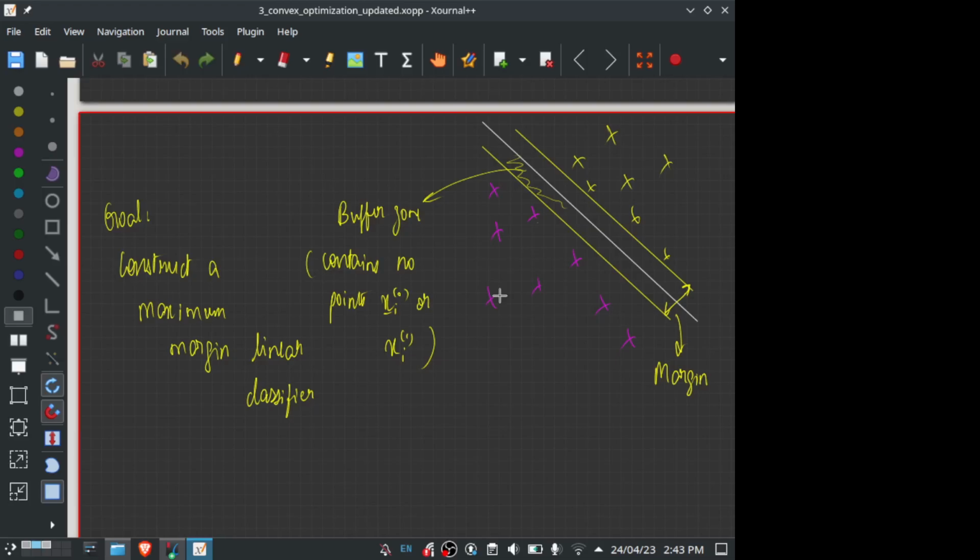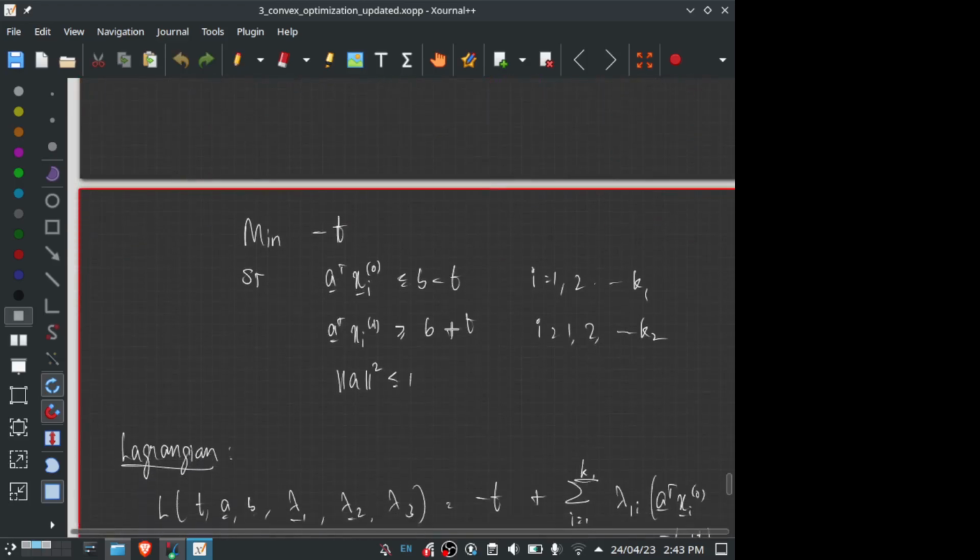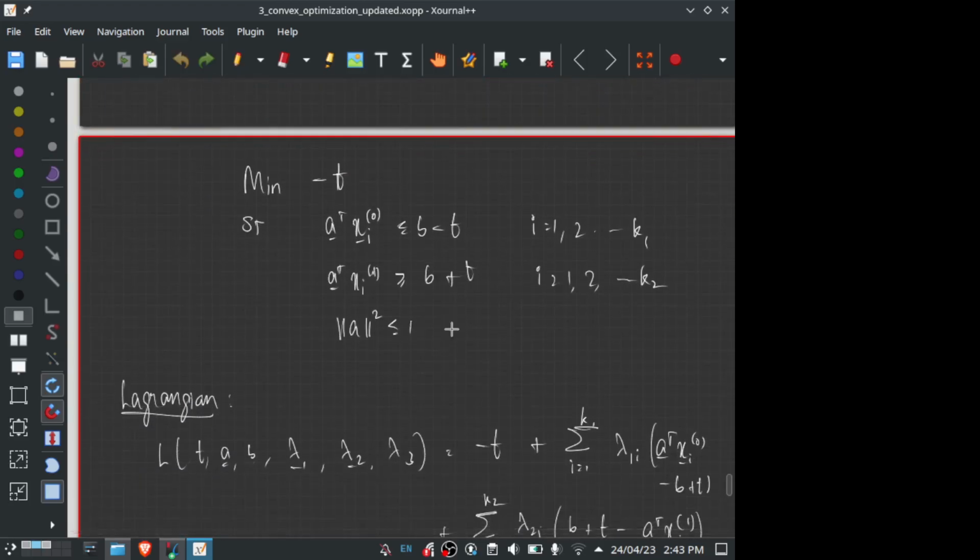And we want to construct that linear classifier for which the margin is as large as possible, in other words, the maximum margin linear classifier. And that, as we saw, can be formulated as a convex optimization problem.